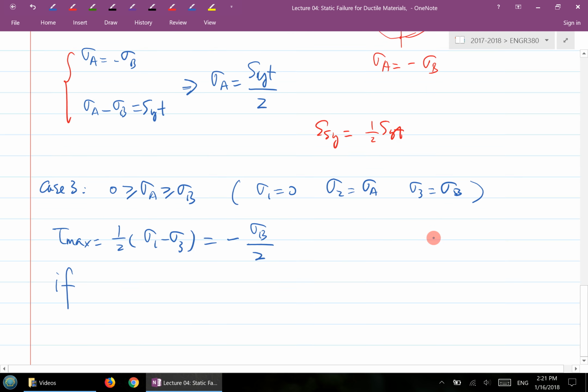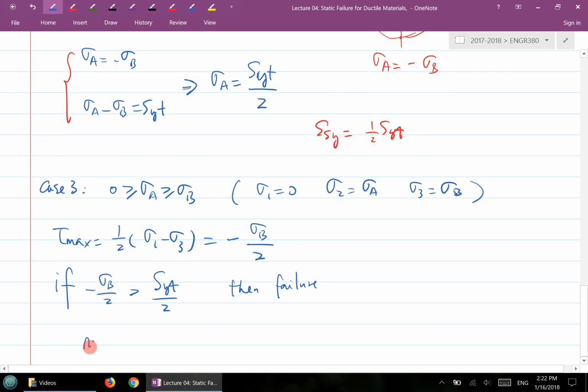Again, if you compare the tau max with SSY, if this is greater than SSY, then failure. So you get a failure here.